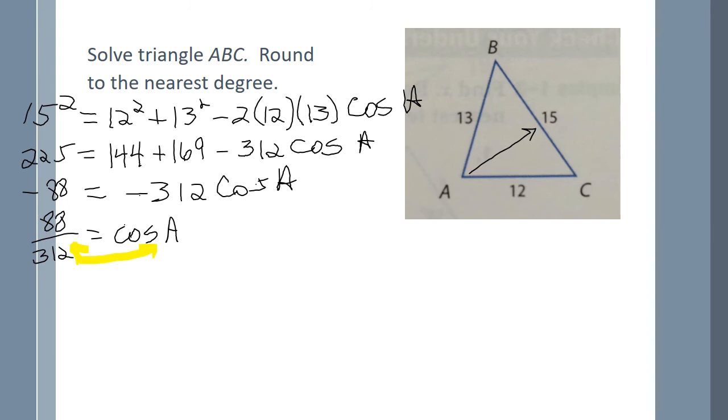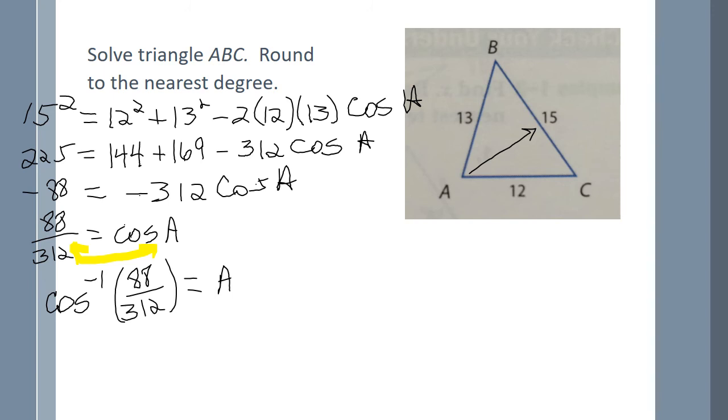All right, so the inverse cosine of 88 over 312. I'm not going to bother reducing it. Let the calculator do that work. Is equal to A. So I plug that in, and I end up with 73.6173.